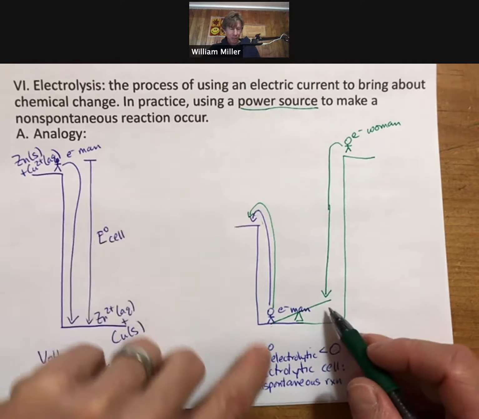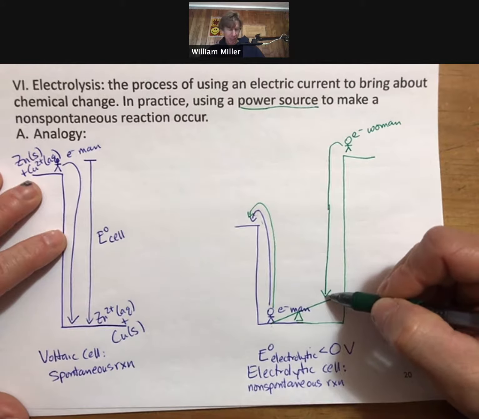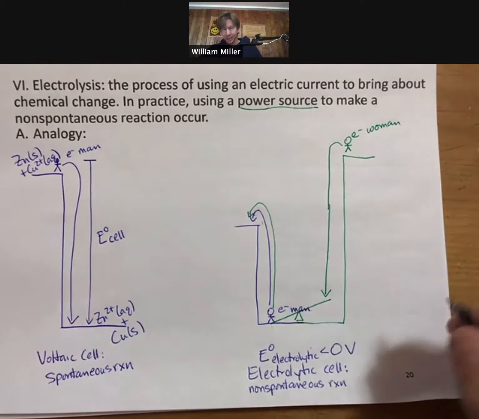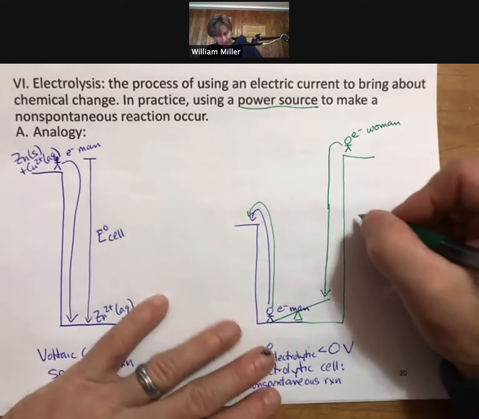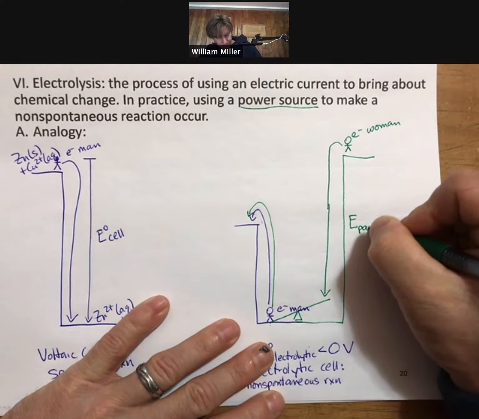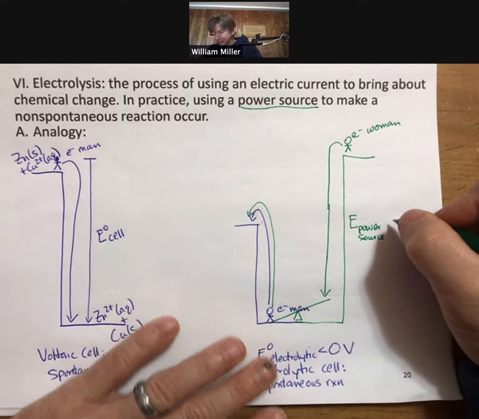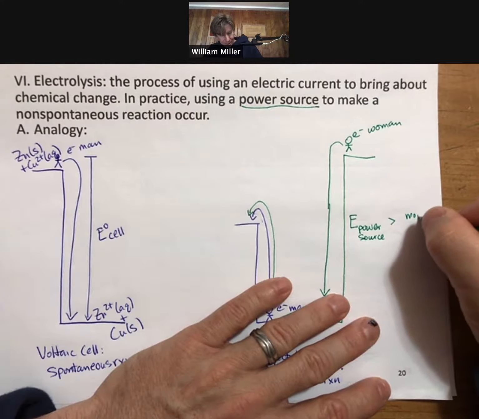Again, you're coupling it with a power source that moves some electrons, and allows the other electron to occur. So in order for this to happen, the cell potential of our power source has to be greater and more positive.